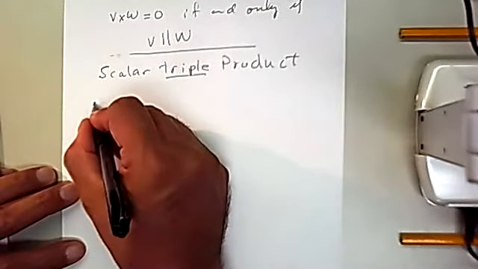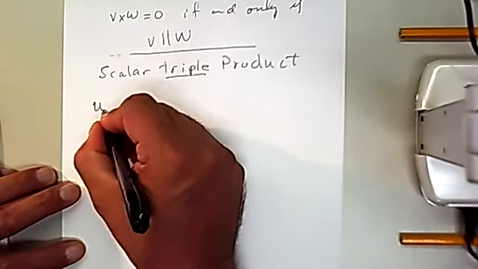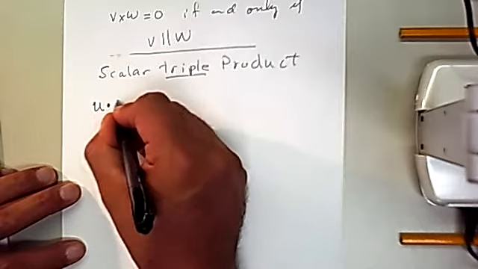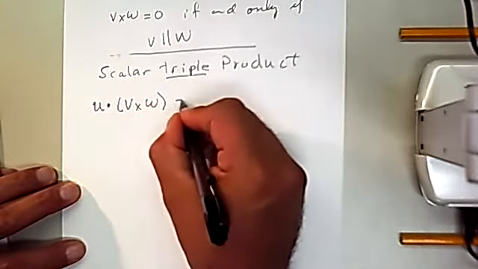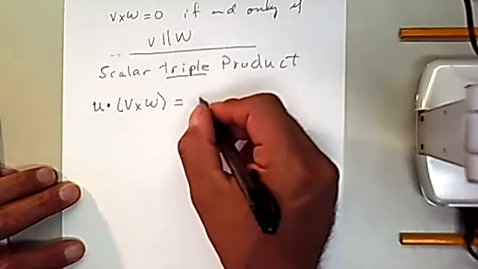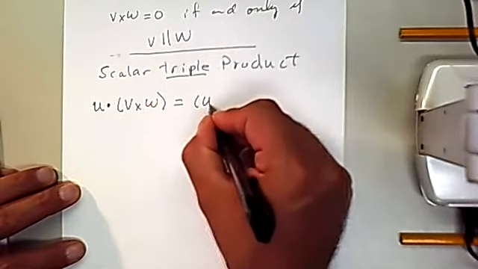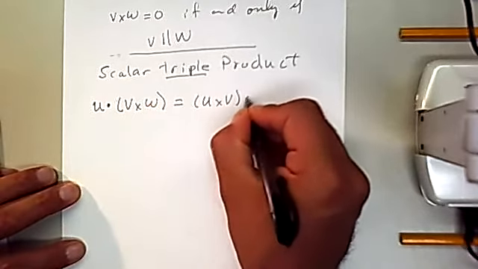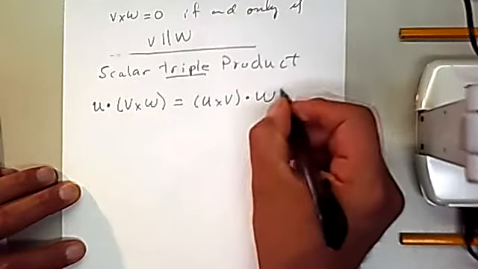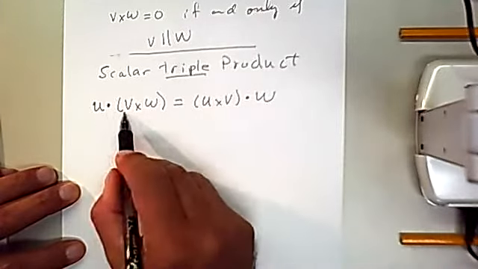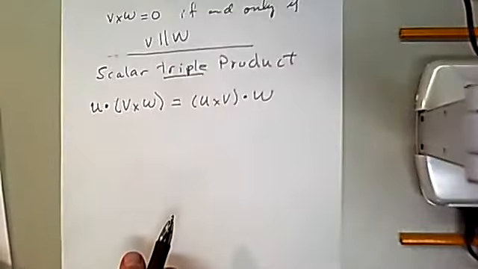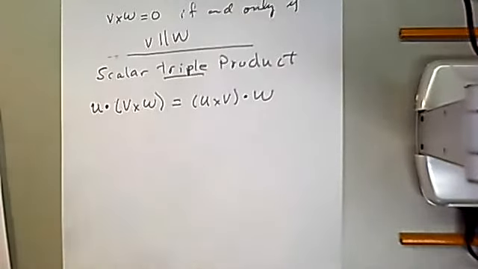If you have three vectors, u, v, and w, if we dot u with v cross w, that is always going to be equal to u cross v dotted with w. And the result of this is what is called the scalar triple product of u, v, and w.